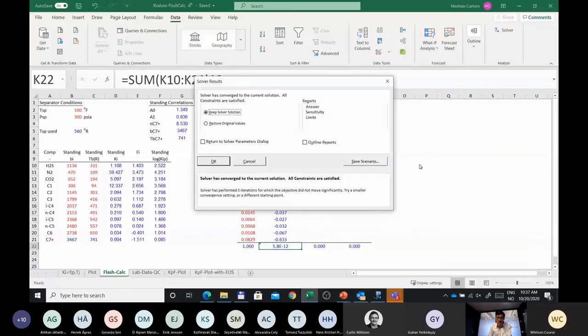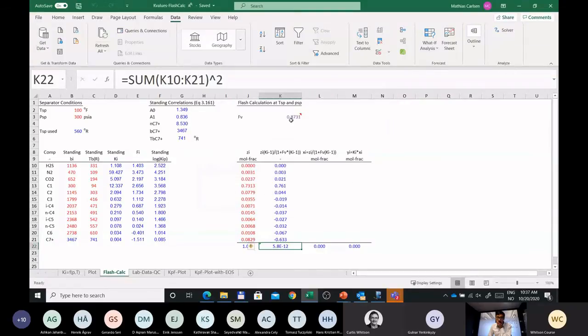Okay, that's done. So this is the vapor fraction that we have gotten, and it has minimized this value. Not the vapor pressure, but the vapor phase fraction. Sorry, vapor phase fraction, or you can also say that's Fg, or you can represent it as Fv.